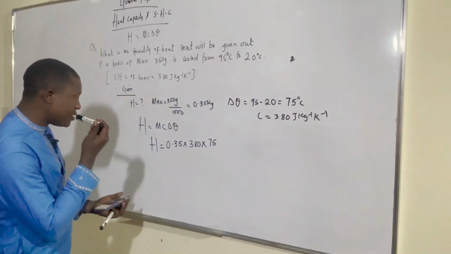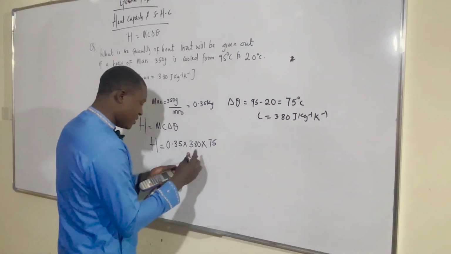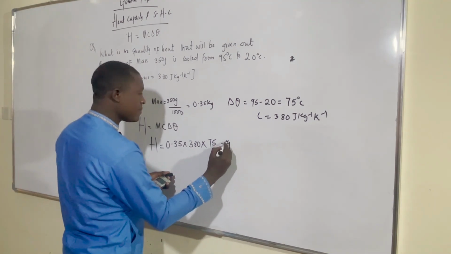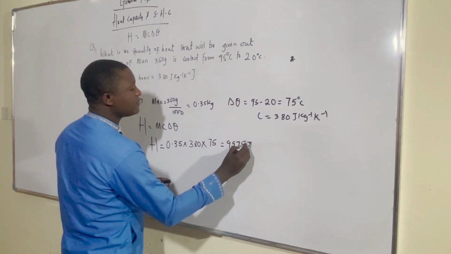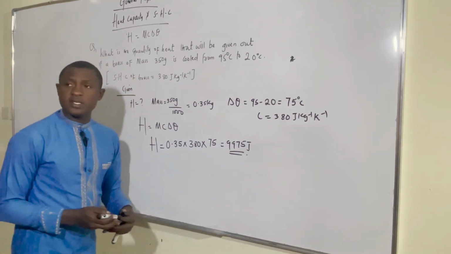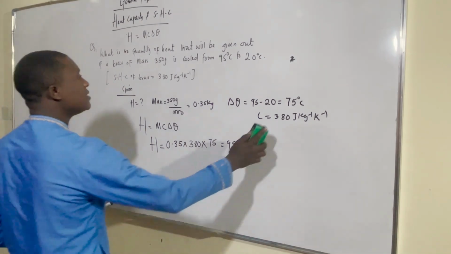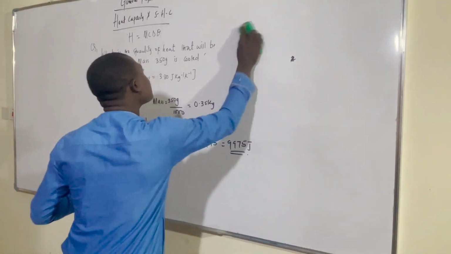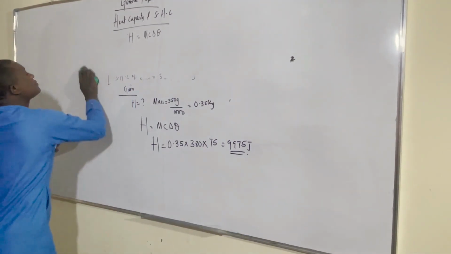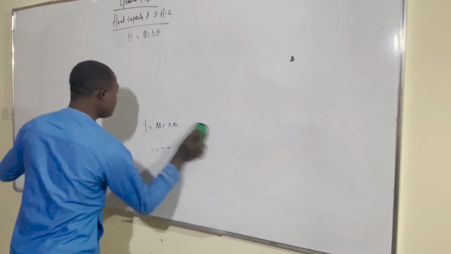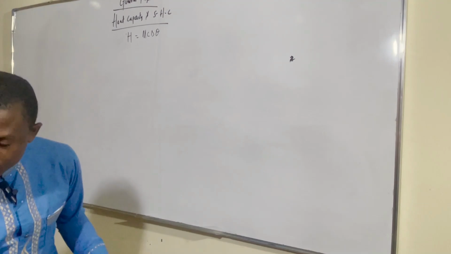If you multiply that together, what you have here is 9975 joules. So you can see that it's straightforward. And let's see another example.